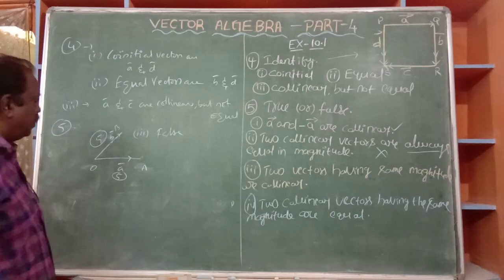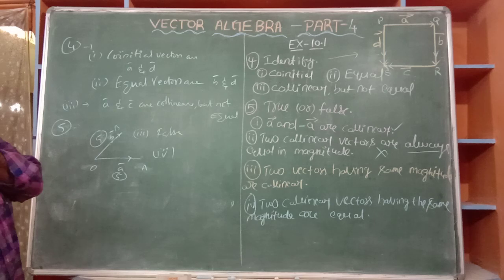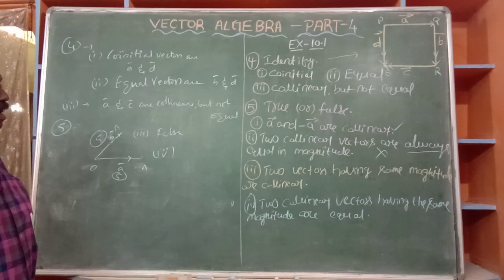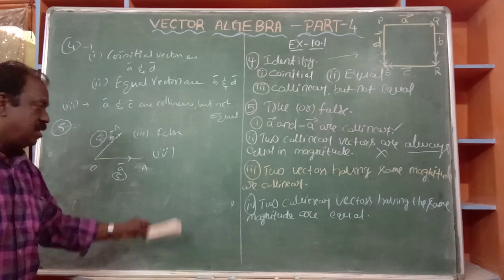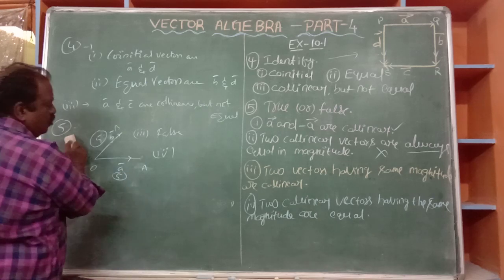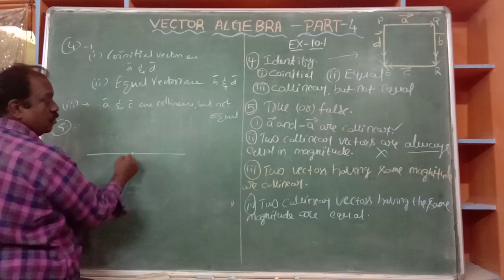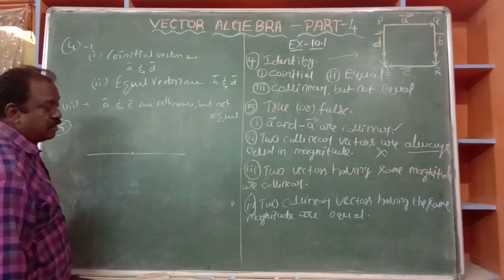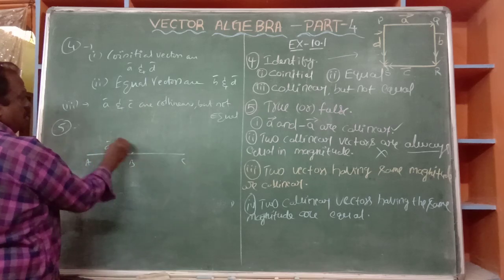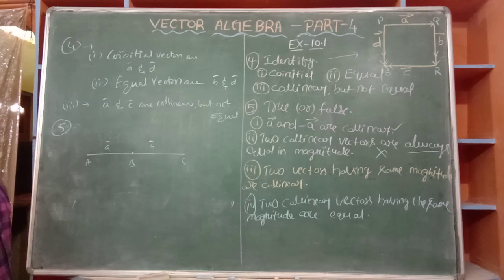Next, the fourth one: two collinear vectors having the same magnitude are equal. It is also not necessarily so. You see, two collinear vectors having the same magnitude, A bar and B bar.